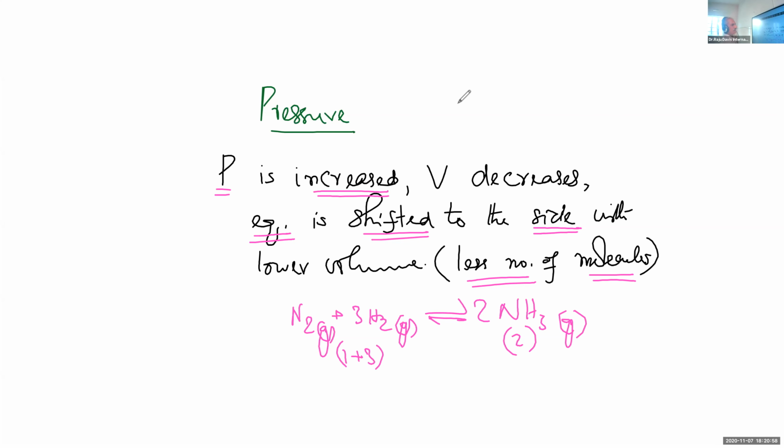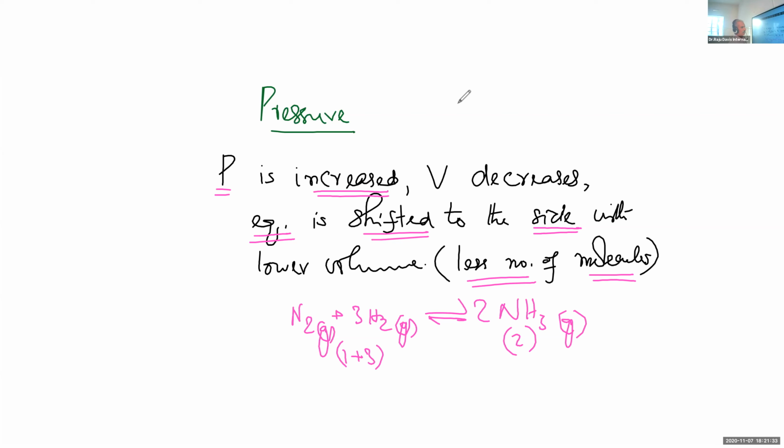So in the Haber process for the synthesis of ammonia, high pressure is favorable because the formation of ammonia is a reversible gas-phase reaction. And when pressure increases, the equilibrium is shifted to the side where there is a smaller number of molecules, that is to the side of ammonia. So more ammonia is produced.